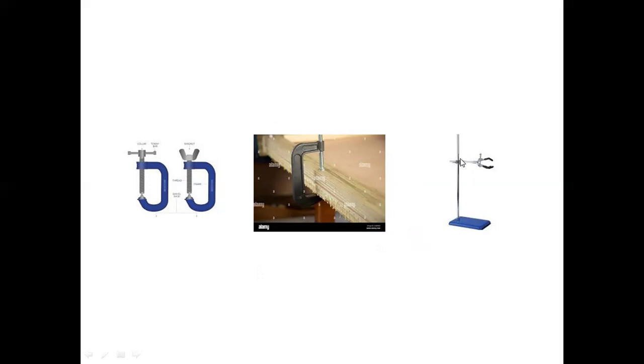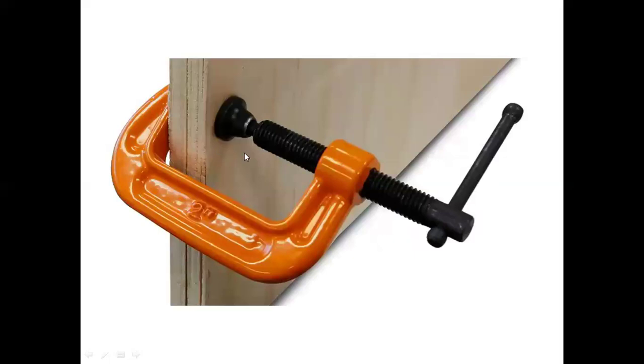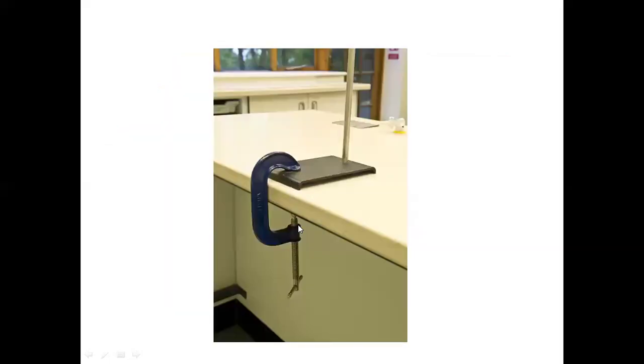And this is a normal stand and clamp, which you use in chemistry as well as in physics. One more figure here shows the stand made fixed with the help of a G clamp so that it does not topple over. This can be tightened with the help of the screw and the handle.